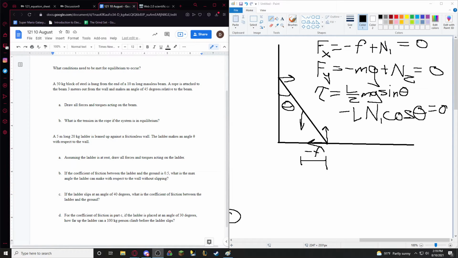All right. So we want to know, first of all, if we're given the coefficient of friction, how can we find the max angle the ladder can make before slipping? How could we do this?